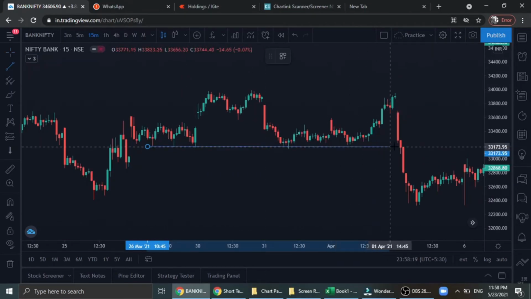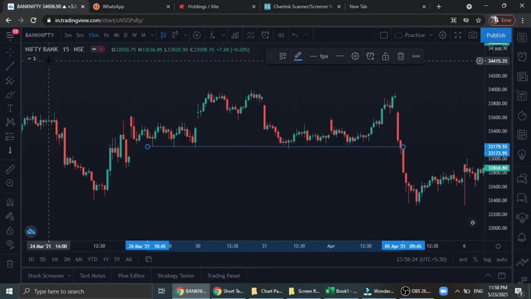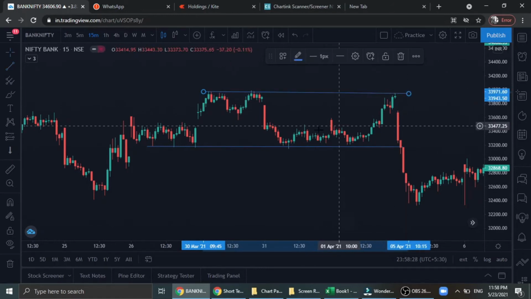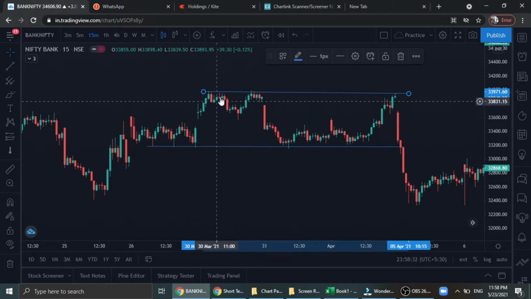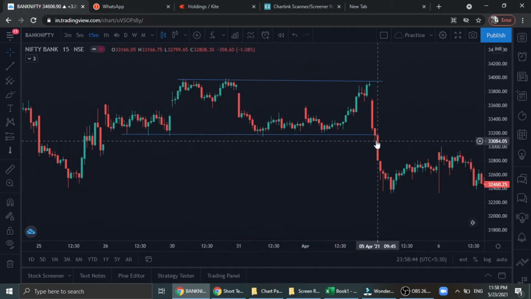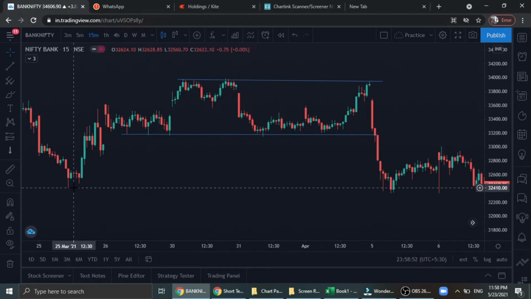Let's draw a pattern here. I just connected all the supporting points and the resistance points. If you see this clearly, it clearly shows a pattern. Then it took breakout here and went down aggressively. Till this point it has gone.